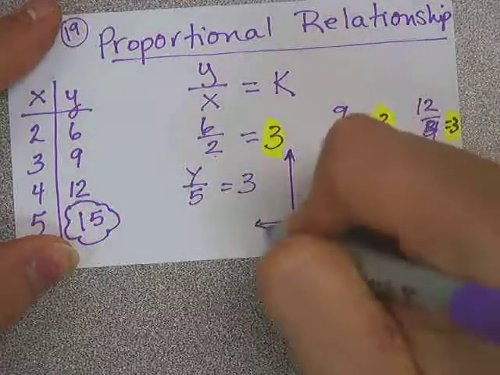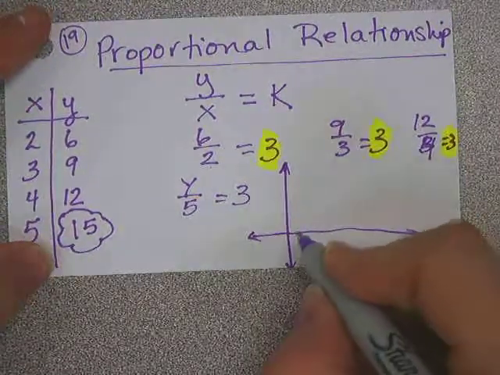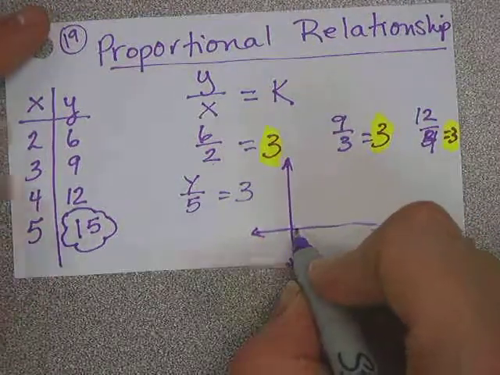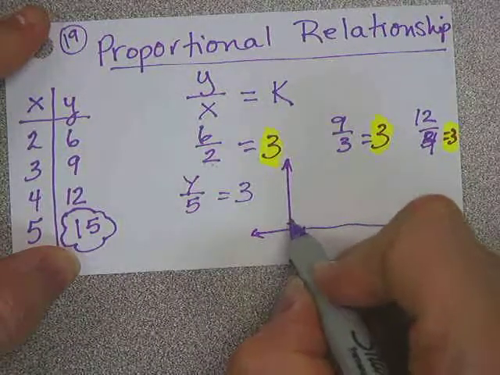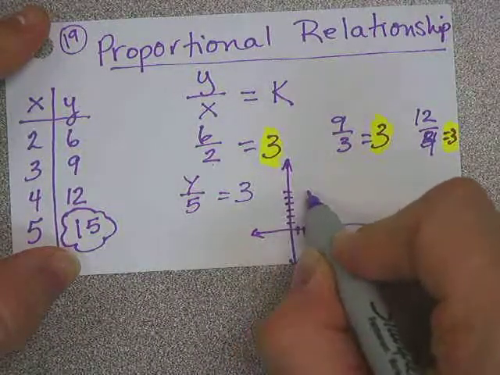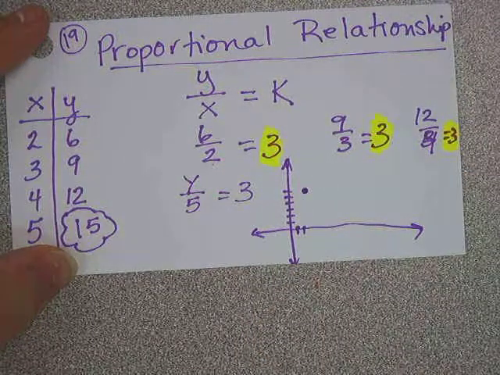Another way is by graphing this. So if you can make a real quick XY axis, and we're just going to go, this ordered pair means over 2, up 6.